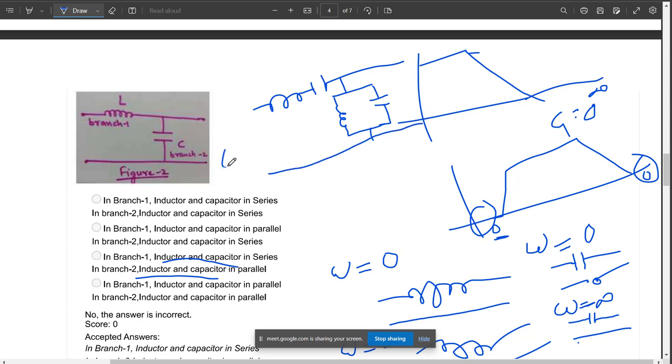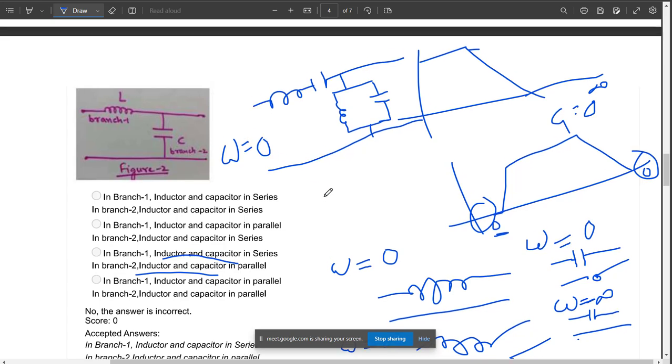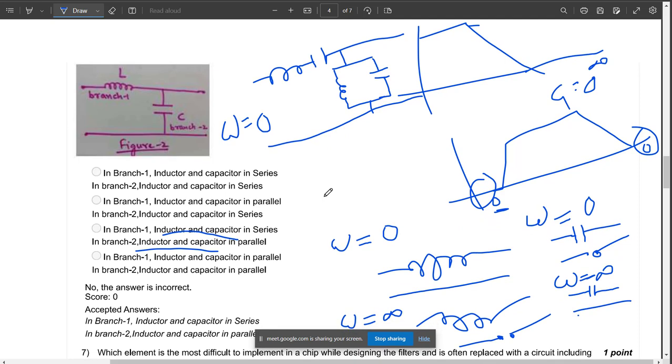So tell me what will happen at omega equal to 0. What will happen to this circuit? The input capacitor becomes open. Yes, so this will be short circuited, and here it is open circuited.